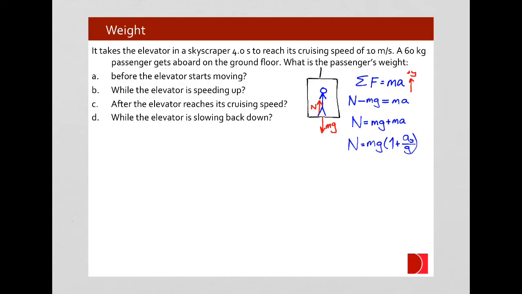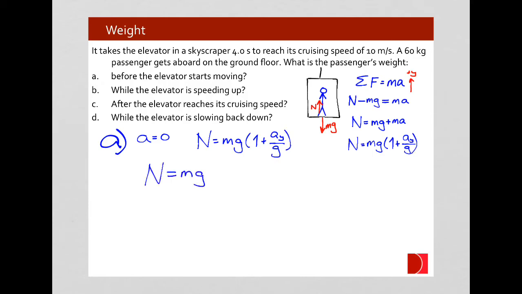So we're first interested in looking at the acceleration before the elevator starts moving. So if we're talking about before the motion begins, then the acceleration of the elevator is 0. And if we use the equation we just derived, then in this case, our weight, our normal force, will just be mg times 1 plus 0.